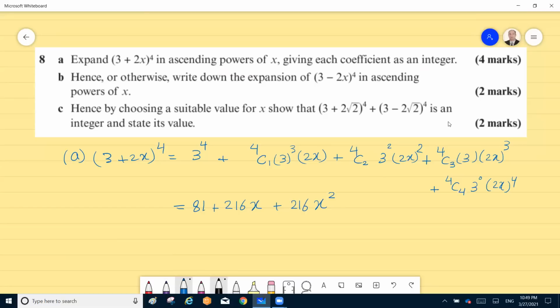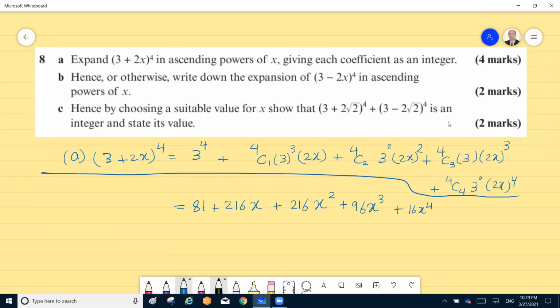And the other one, 4c2 is 6 times 9 times 4, yeah, is also 216, is correct. Plus 96x cubed. And finally, 16x to the power of 4. This is the answer of the expansion of 3 plus 2x to the power of 4.